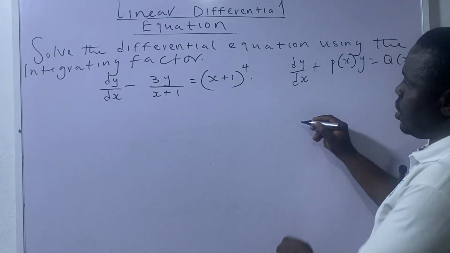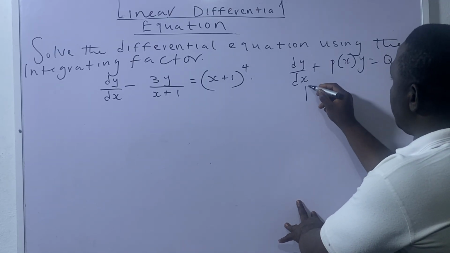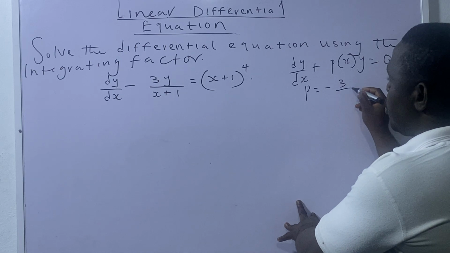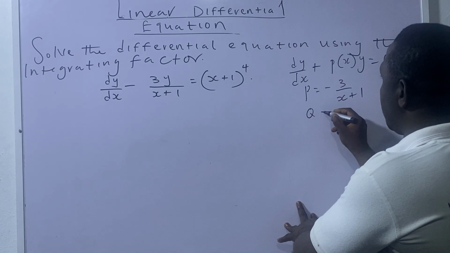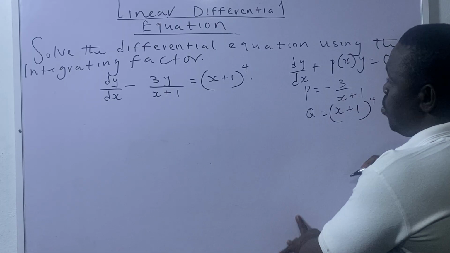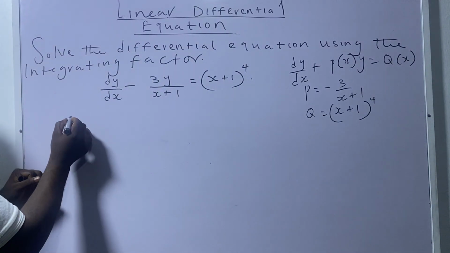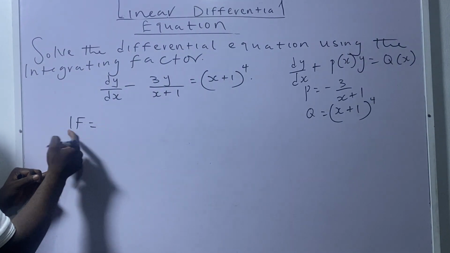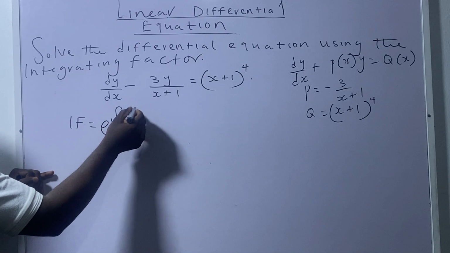So from here we can tell that our p is minus 3 over x plus 1 and our q is x plus 1 all raised to power 4. So we can compute for our integrating factor, which is this.